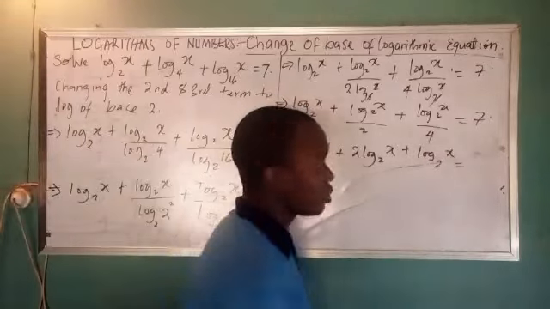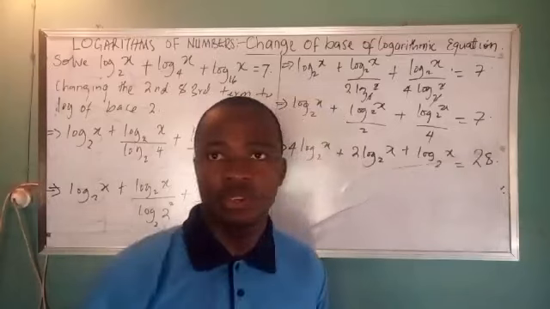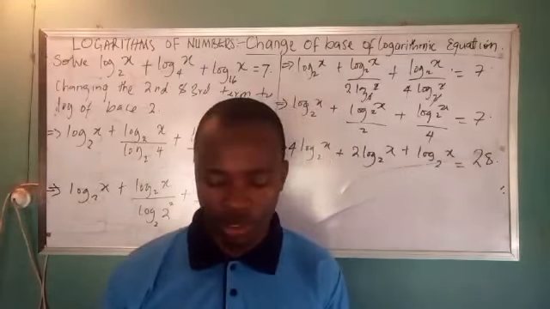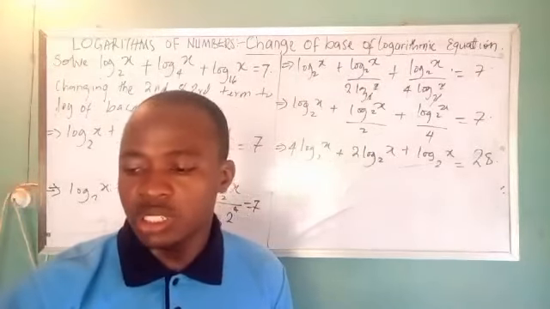The 7 times 4 will give us 28. So now, what's the next thing to do?